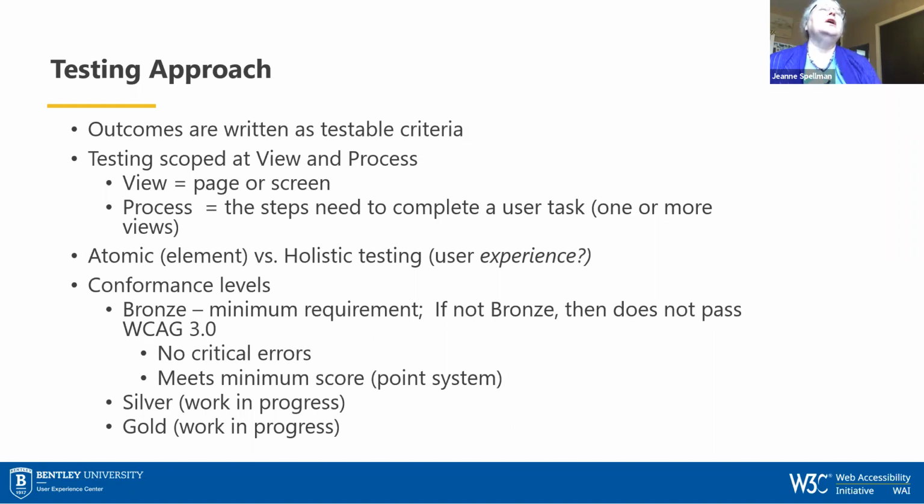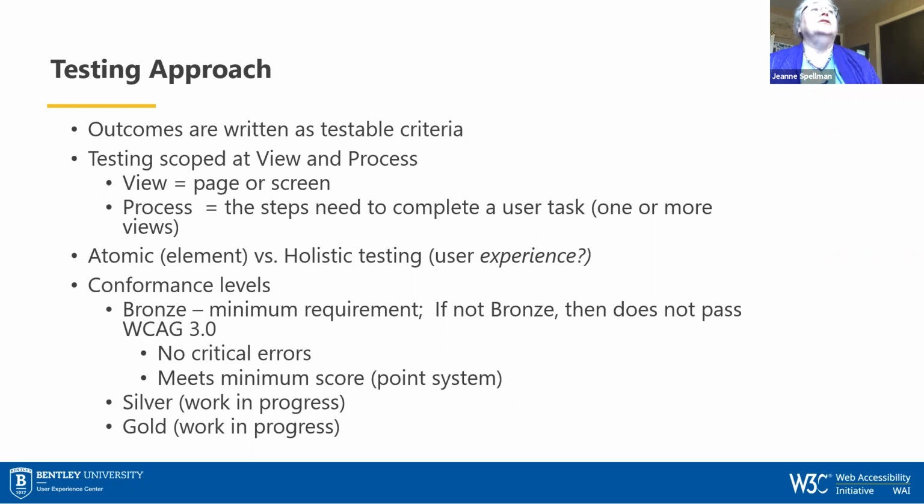The testing in WCAG 2 is by page, but in WCAG 3, we're looking at testing as scoped either by the site or by the product; a mobile app would be an example of a product that would be covered under WCAG 3.